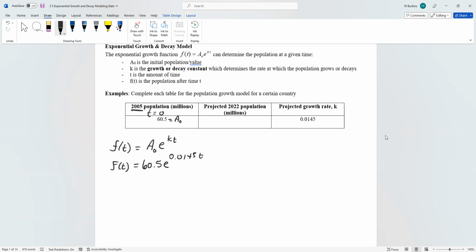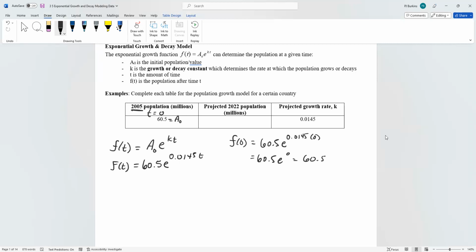So if we plug in t equals 0, let's see what happens. So f of 0 is 60.5 e to this exponent times 0. Any number times 0 is 0. So I get 60.5 e to the 0. e to the 0 power is 1. So I get 60.5. So that means that t equals 0 does indeed represent the year 2005.